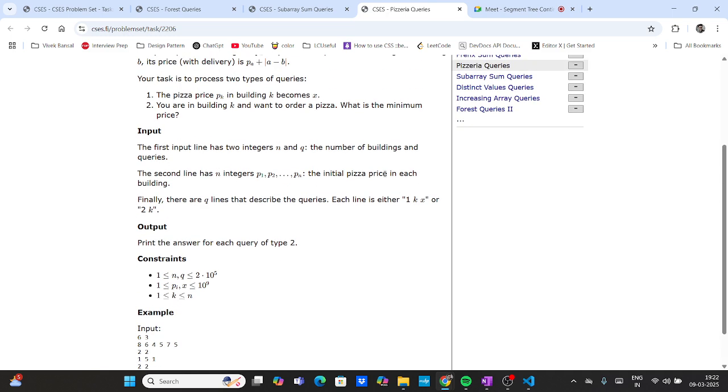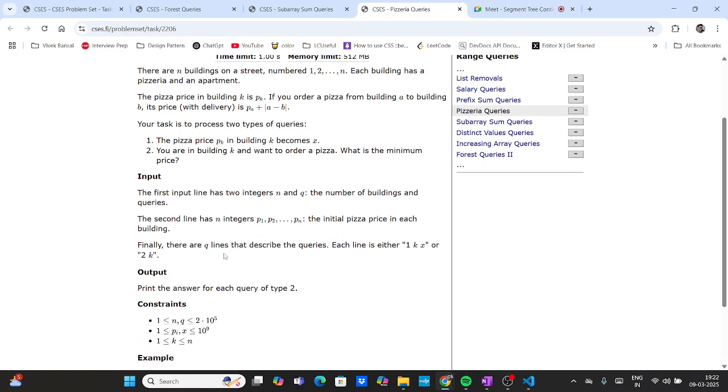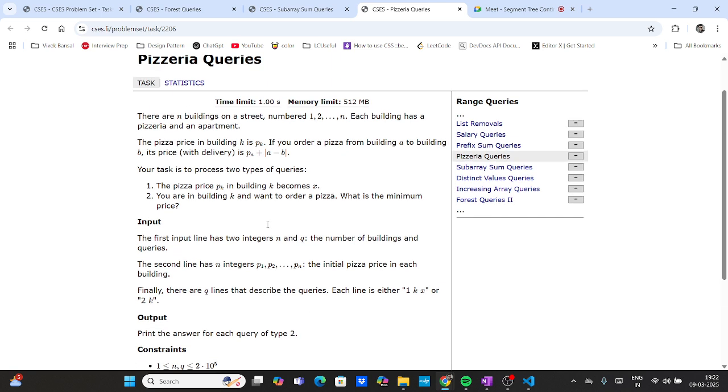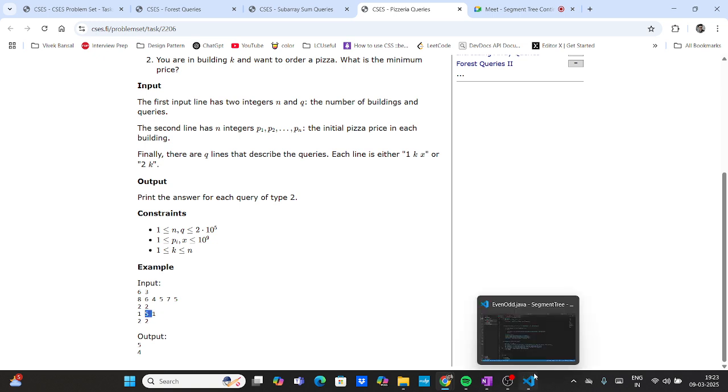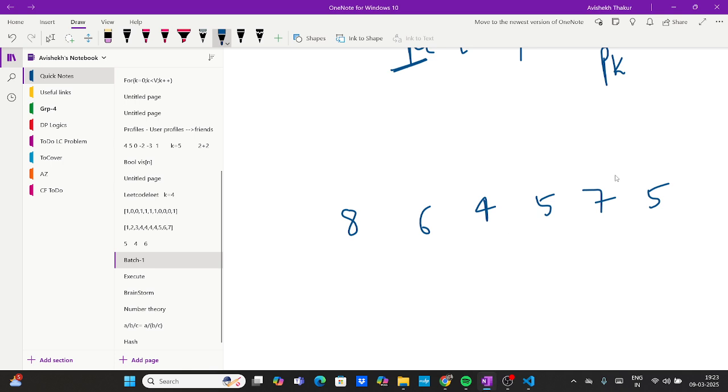It means the pizza price in building K becomes X. So the fifth building's cost becomes 1. That's an update query, right? Yes. So this is 1.